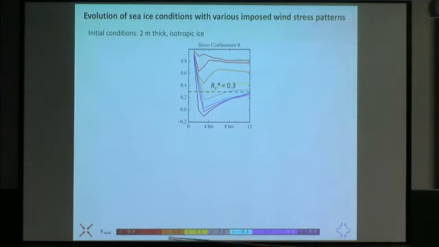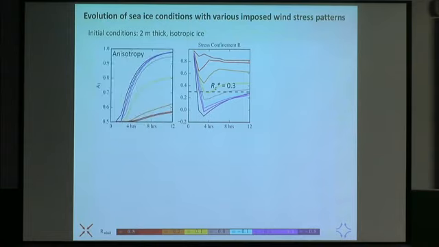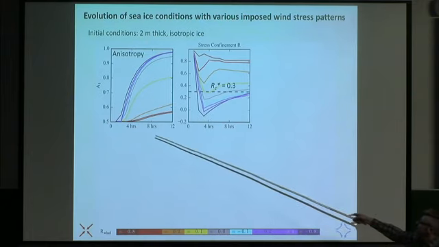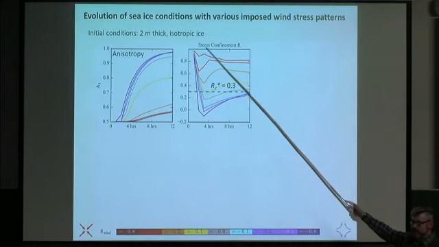The red colours correspond to convergent wind stresses, and the critical confinement ratio is exceeded, and we typically have out-of-plane failure in the ice cover. So in the blue experiments, where we are in the Coulombic failure zone, we have anisotropy at the subgrid scale forming.